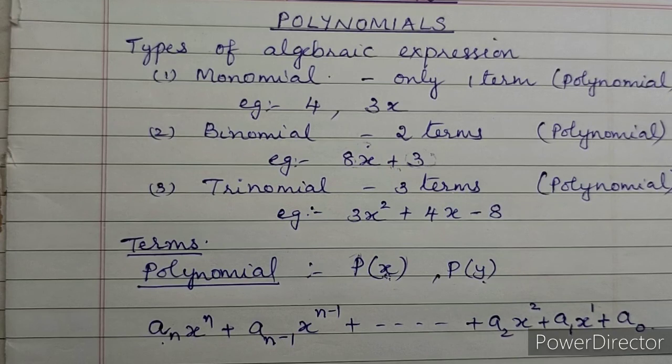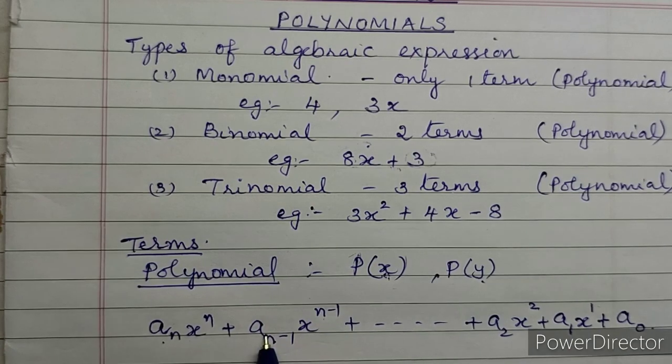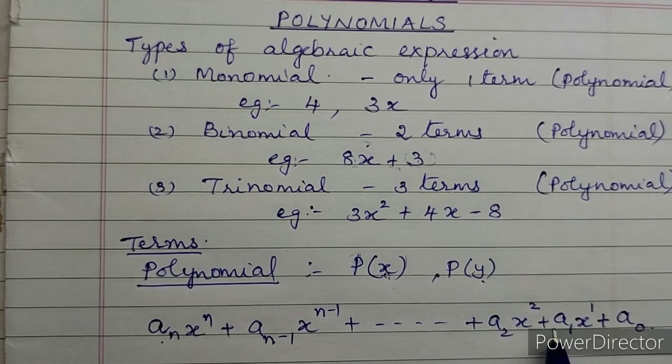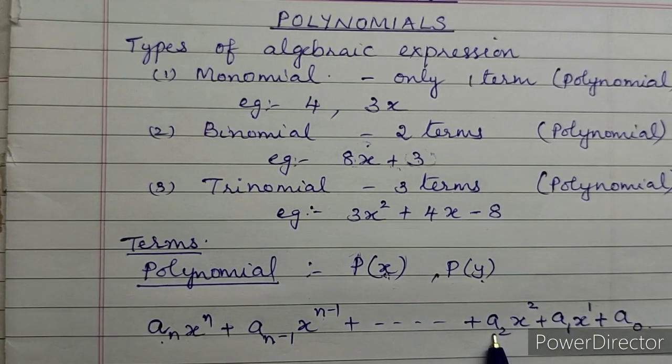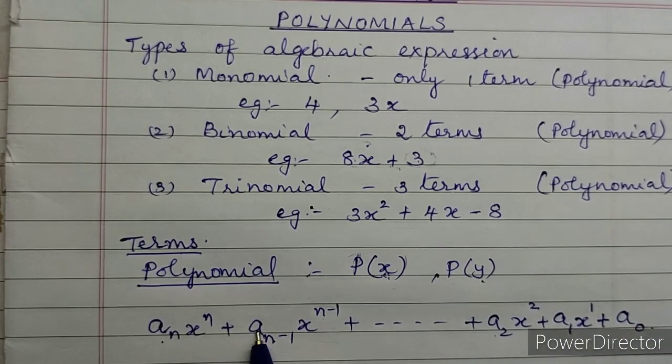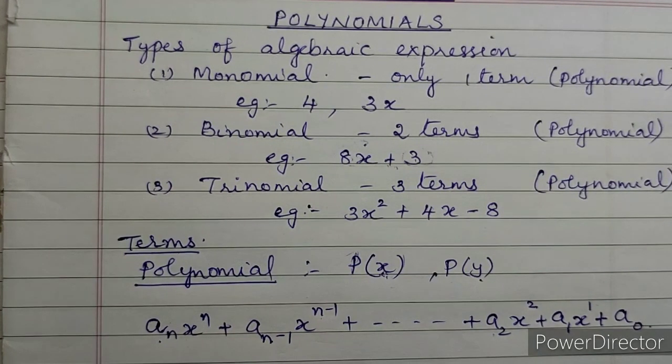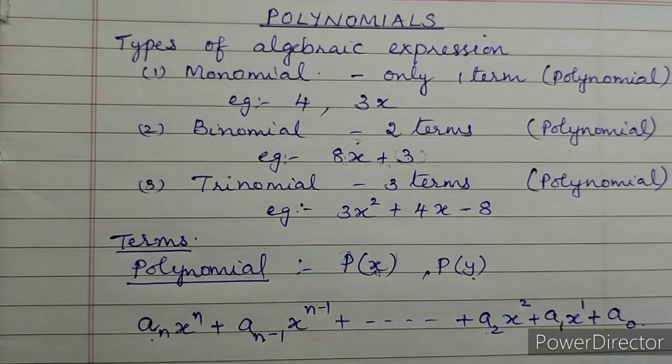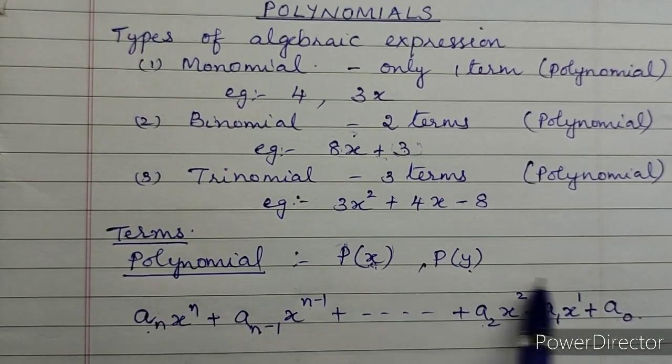They are numbers, the coefficients. X to the power of n's coefficient is an, x to the power of n minus 1's coefficient is an minus 1, x square's coefficient is a2, x to the power of 1's coefficient is a1, and a0 will be a constant only. Constant means number only. So these all are numbers only, constants only, and they are the coefficients. So this is the general form of a polynomial.